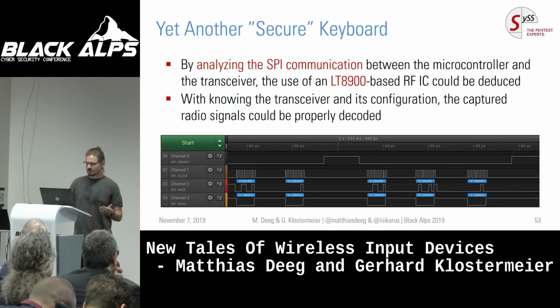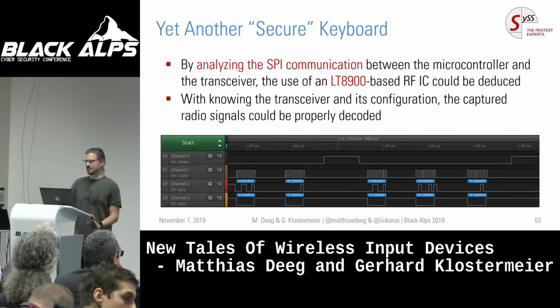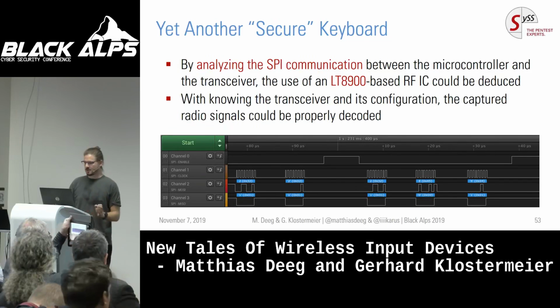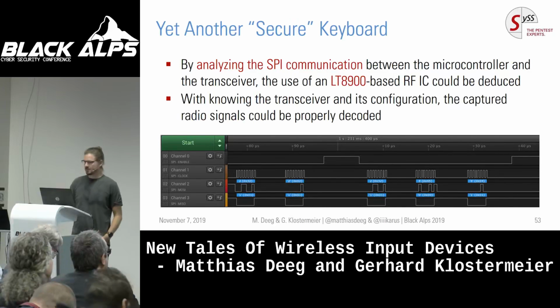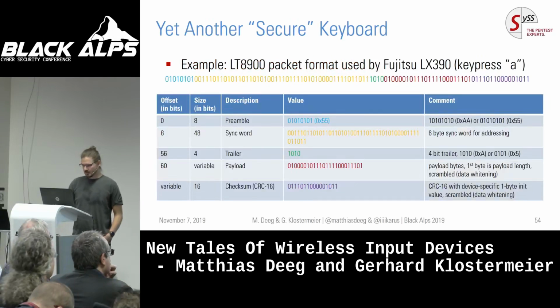When the device boots up, it configures the RF chip, like what data rate it should use, what channel it should use, stuff like this. And from that, we were able to reconstruct what chip must be under there. We found out it must be an LT8900 based chip somewhere.